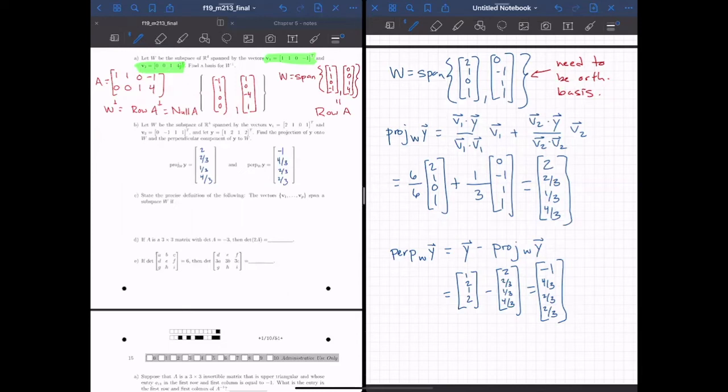If we check that dot product, we get negative 2 plus 8/3 plus 2/3 plus 8/3. That doesn't look right. It's supposed to be ninths. Ninths? Oh, ninths. Yeah.